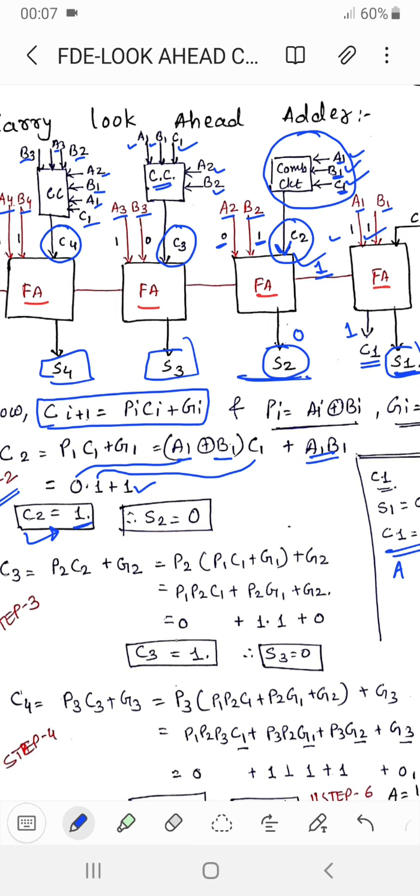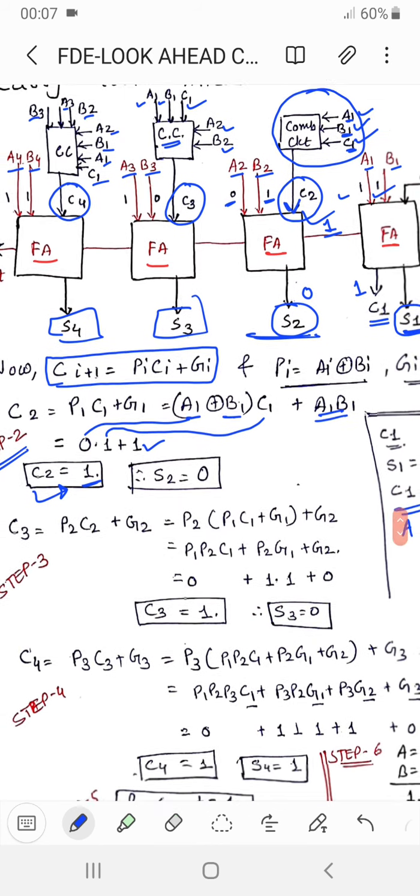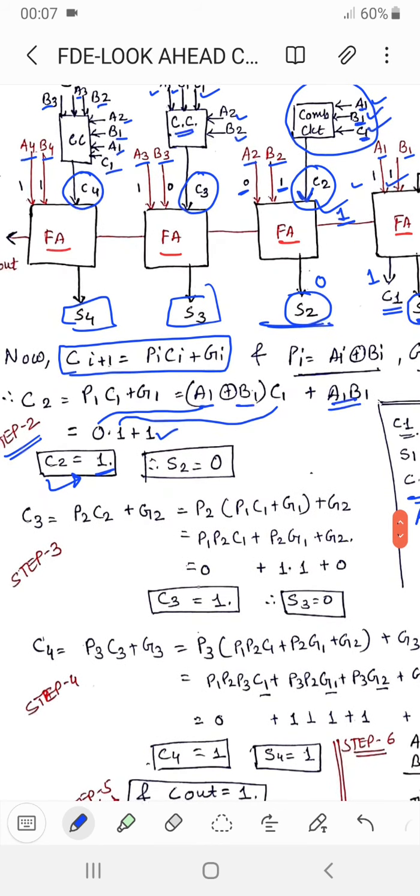Simultaneously the operation of C3 will also be operated in the third stage. So as we find C3, S3 will be available. C3 means P2 C2 plus G2. We have already understood that equation formation.